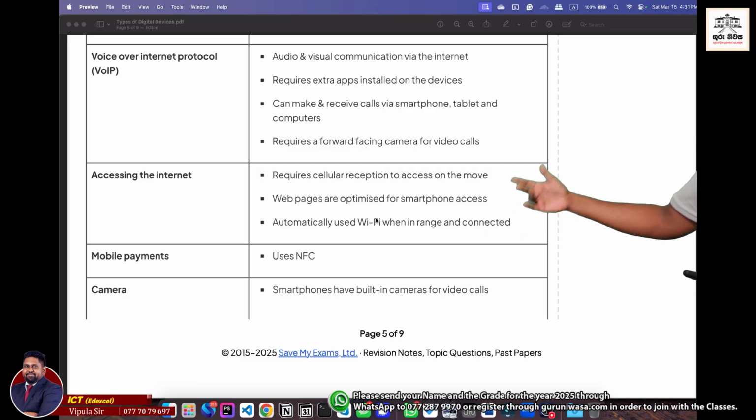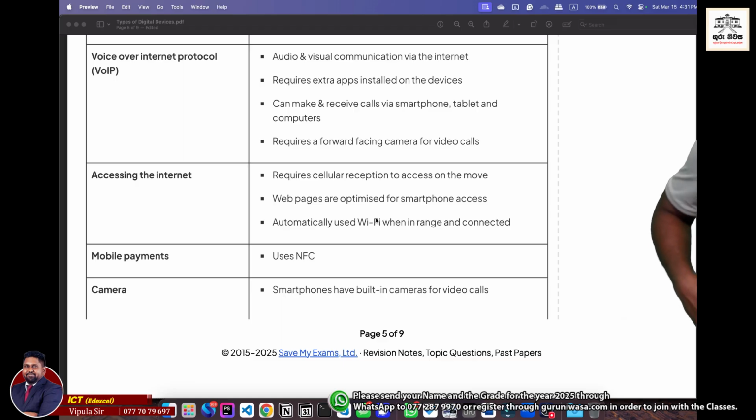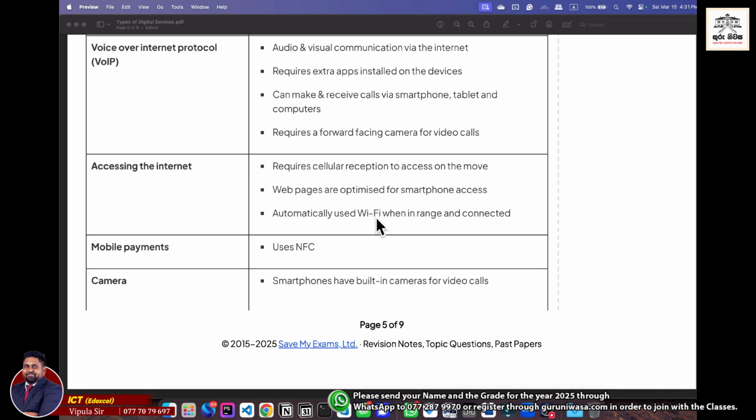Accessing the internet again requires cellular reception, because we will be using the GSM frequencies to connect, plus we can also connect to the internet using Wi-Fi, right? As long as we can get an internet connection, our devices can connect and let you browse the internet directly through the system.